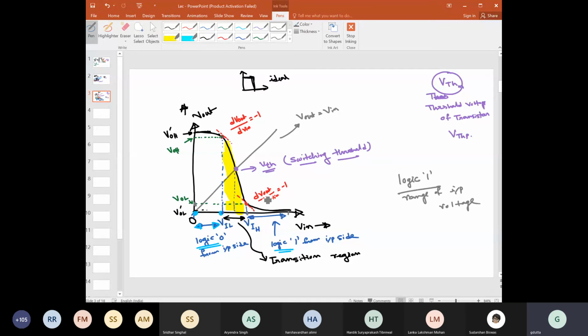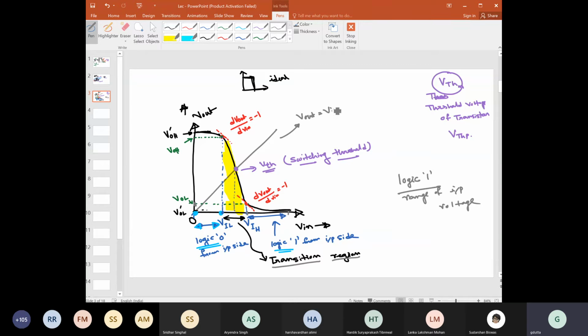We'll discuss that. But this region is a transition region, and it's better not to use it. Technically, if you bias it in this region the gate will also operate, but we should try to avoid it.